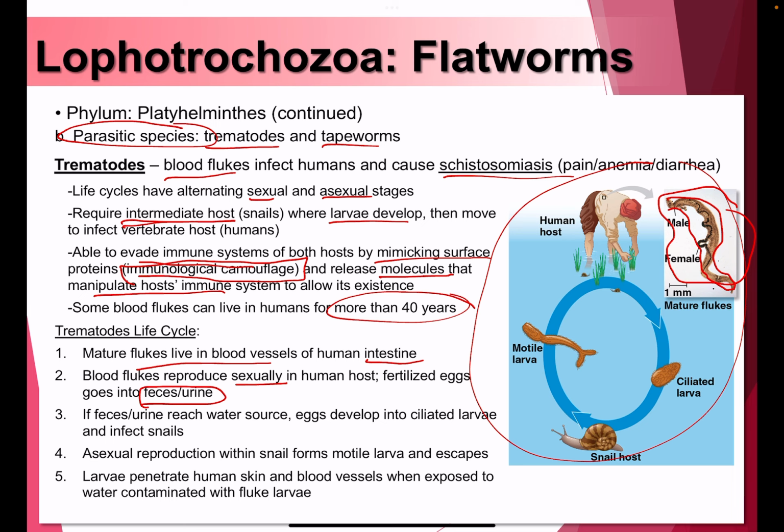But think about the wild, in countries where people have to pee and poop in nature, in the ponds, or in the trees, or in the bushes, etc. Those feces can actually contain fertilized eggs of these blood flukes. Now, if somehow those feces and urine reach a water source of some sort, which is why some people will poop and urinate into some kind of lake or water.